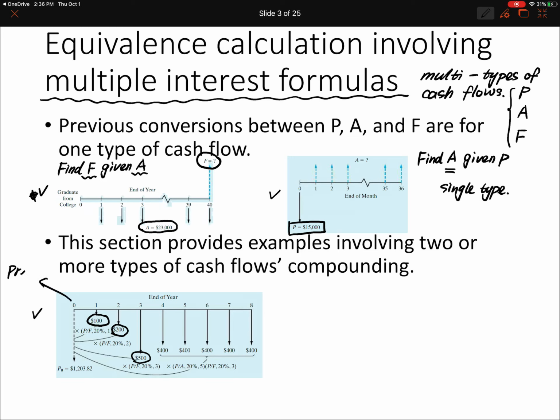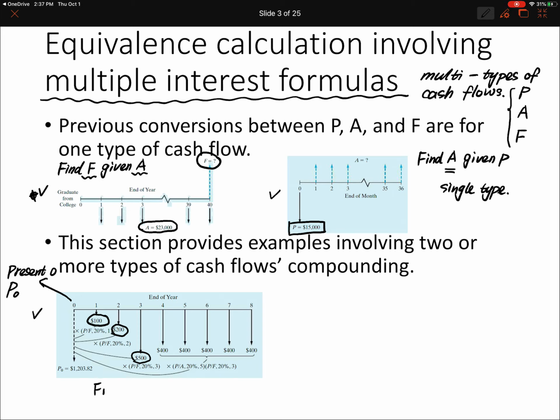We always call the value at time 0 the present value, or we label it as P0. And so all the cash flows happening later than that time point will be future cash flows compared to time 0, okay?